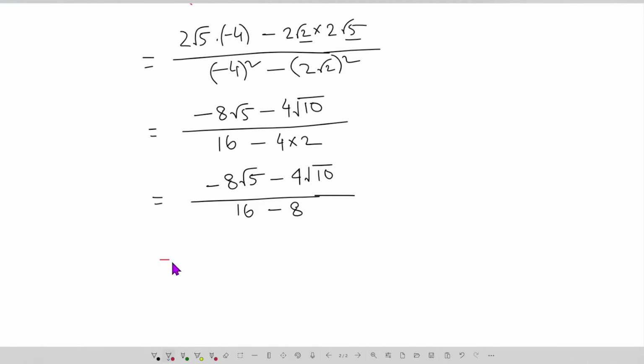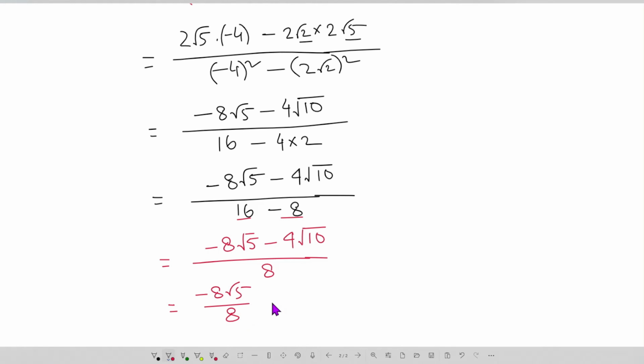Now this one we can write as minus 8 root 5 minus 4 root 10 divided by 16 minus 8, which is 8. So we can simplify like this: minus 8 root 5 by 8 minus 4 root 10 by 8.